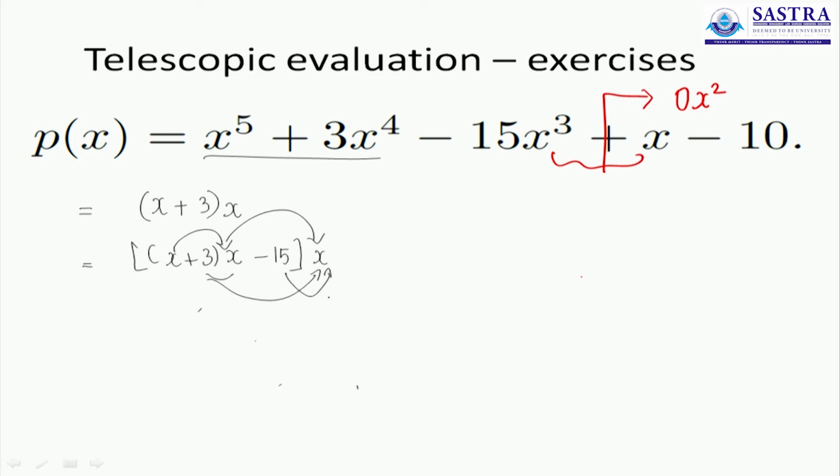You have to account for both these terms, which is why we will proceed once more to the next stage of this decomposition. X plus 3 and x minus 15 and x. But what you have is a 0x square. So you can just write 0 and introduce one more x outside.